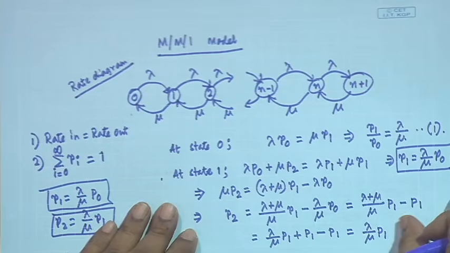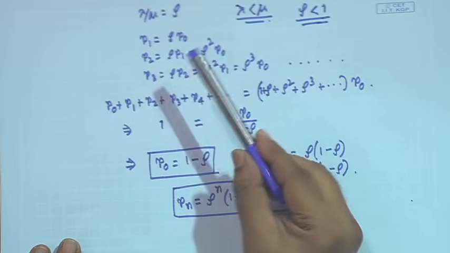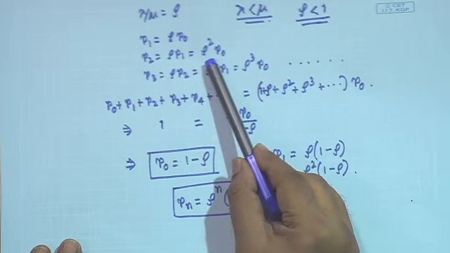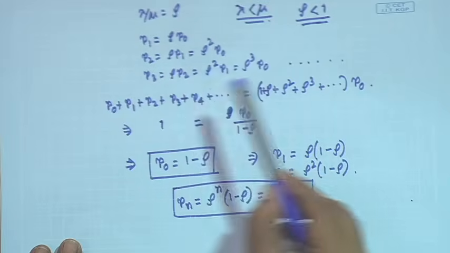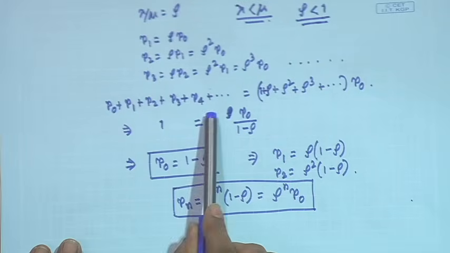Since lambda by mu equals rho, you can write P1 equal to rho P0, P2 equal to rho P1, P3 equal to rho P2, and so on. Then you can add both sides.